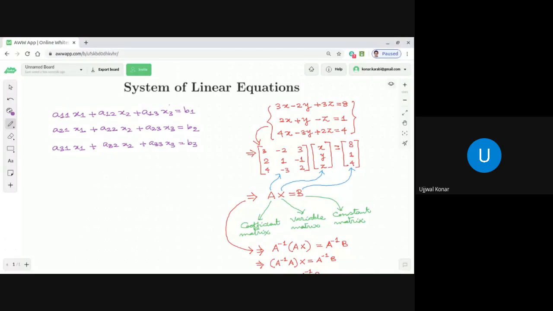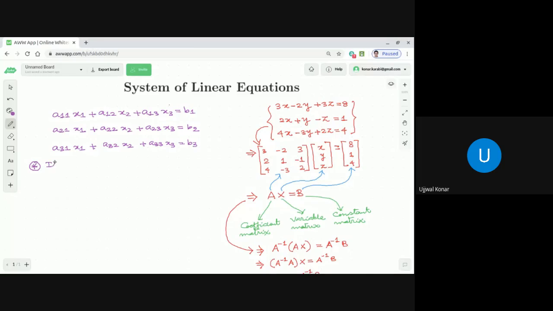Now, dear students, if you look into this system of equations, if we get bi not equal to 0 for each i equal to 1, 2, 3, then we call this system of linear equations a non-homogeneous equation. There are a few terminologies I am going to discuss, dear students.